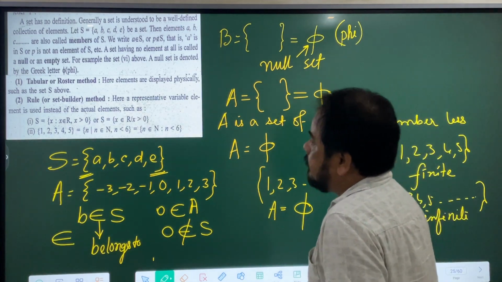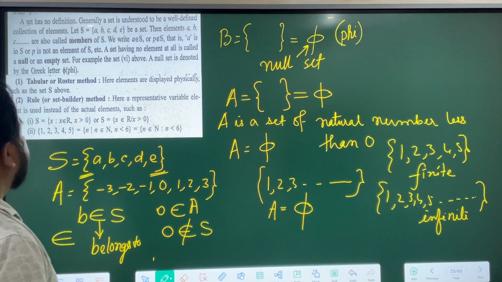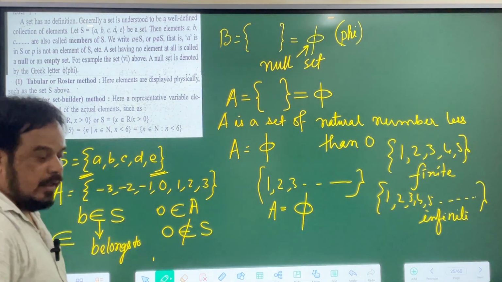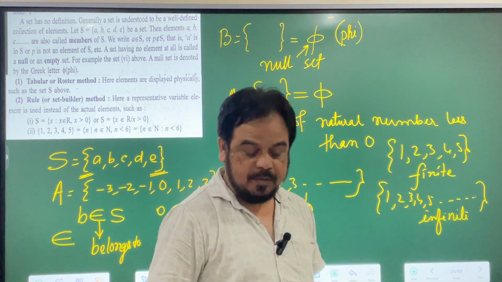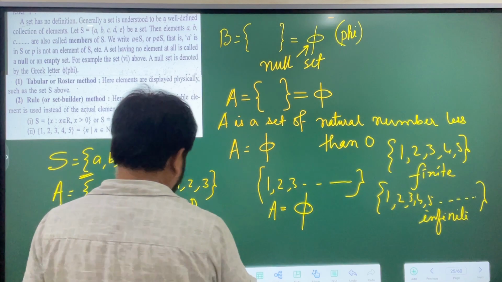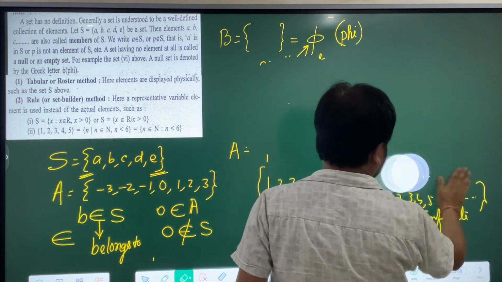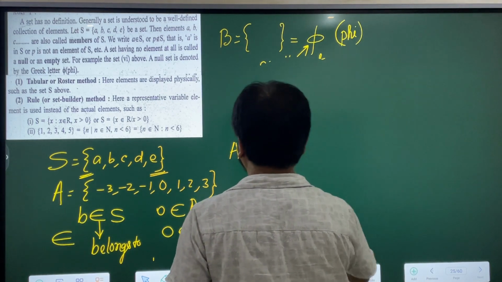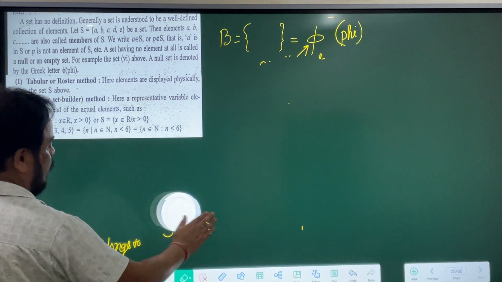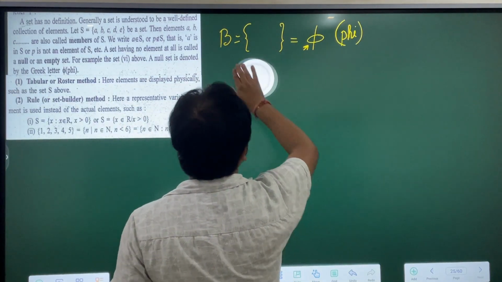Okay. Now, let me explain something about the method of expressing a set. There are two methods to express a set. This one I have erased, so you can pause the video and note it down, or you can check it again and again, no problem, because it's a video.